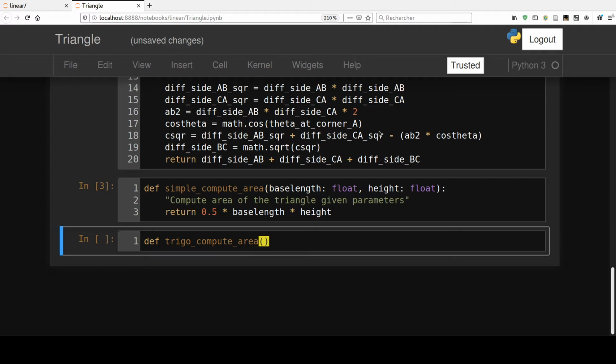So what we need to know is, again, the base length, and the incident angle, and the adjacent side.